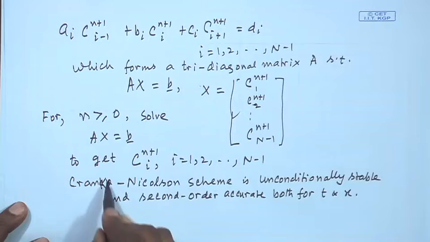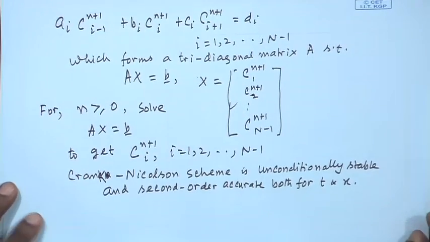So these are the advantages why the Crank-Nicolson scheme is the most popular numerical scheme to solve this heat transport equation.